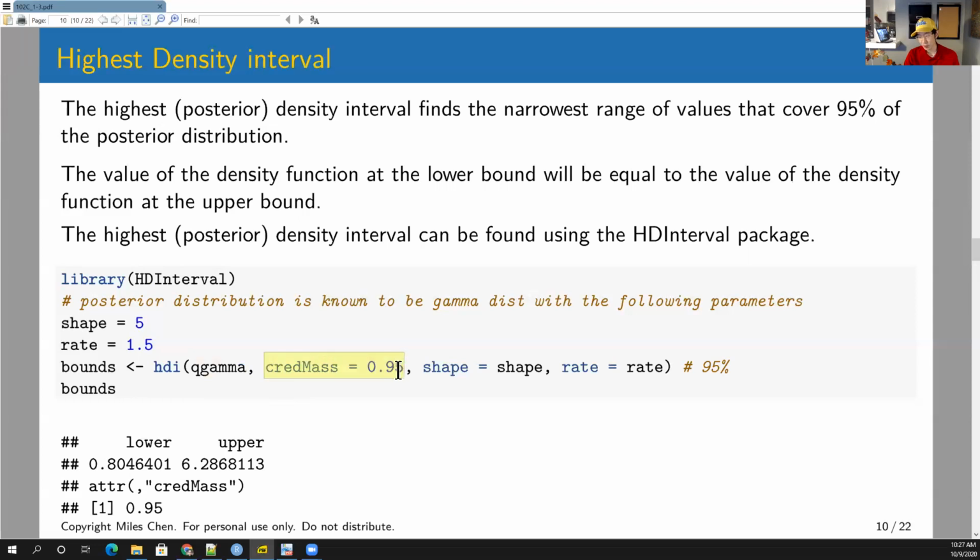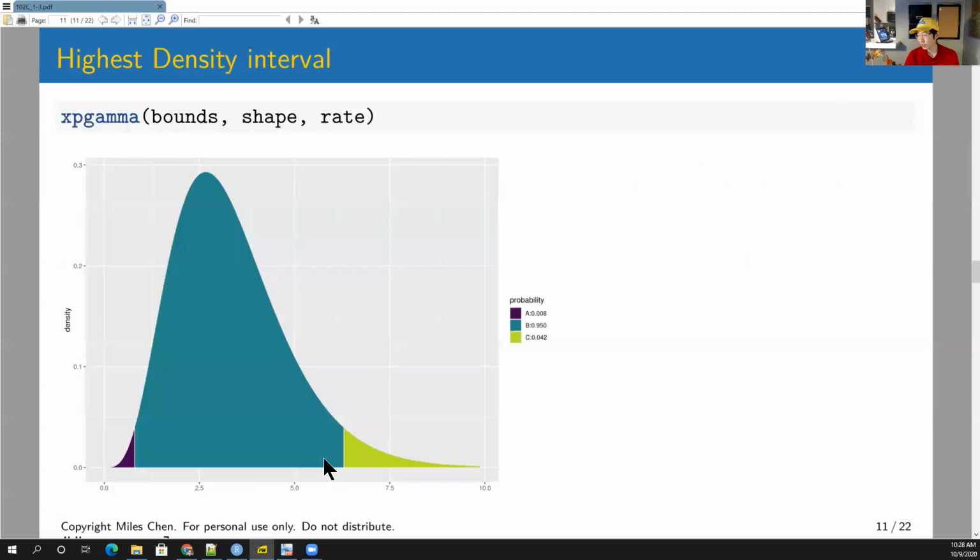I want the middle 95%, and you can change this if you want a 90% or 80% credibility interval. Then you provide the shape and rate parameters, or whatever parameters are necessary to define the distribution. Here it tells me the bounds are 0.804 and 6.2868. If I plot that, this is the resulting plot.